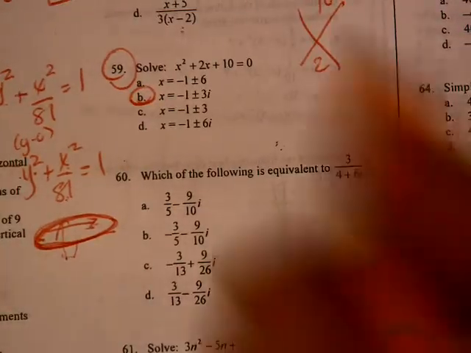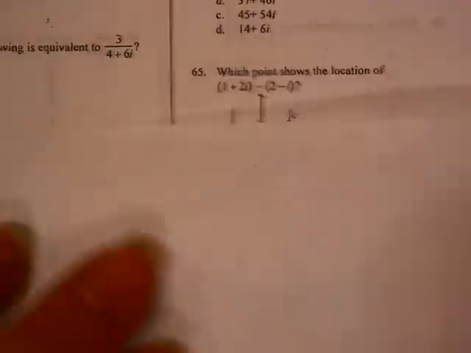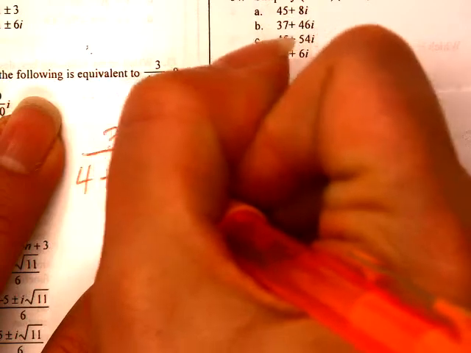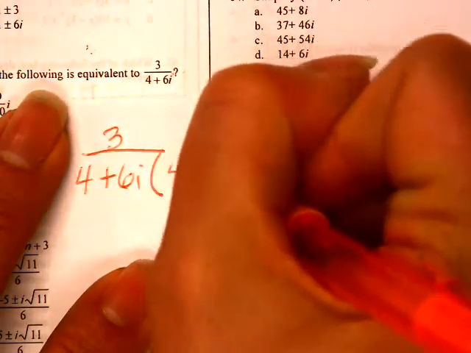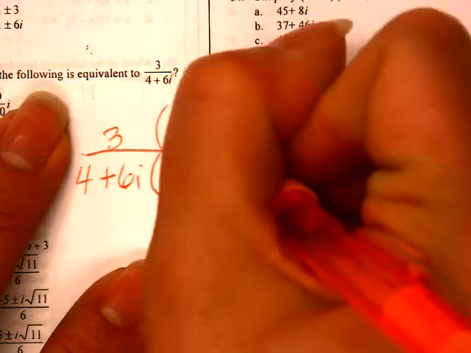Let's go ahead and look at all these guys here together. So we've got another i problem, which is the equivalent to this. Remember, to divide this, you need to multiply by the conjugate, which is 4 minus 6i.